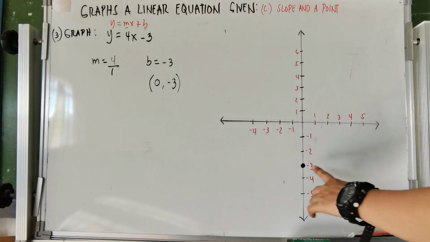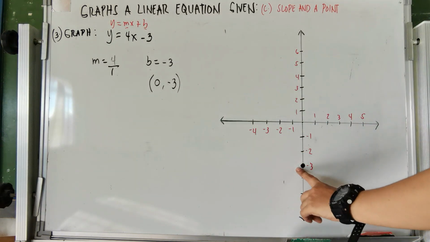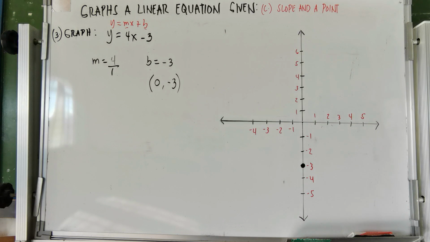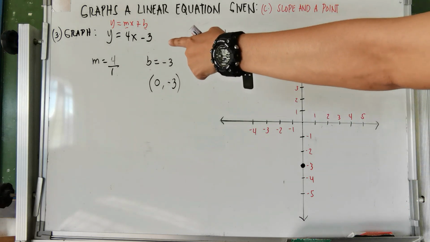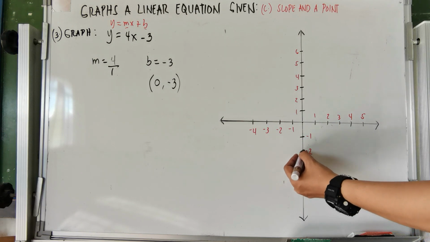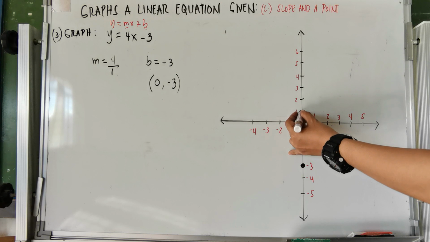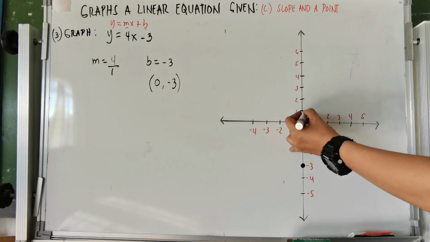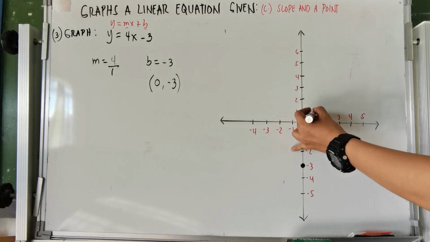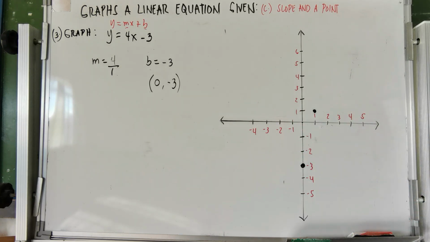Okay? So from negative 3, which is our y-intercept, move lang tayo ng 4 units upward since ang ating rise ay positive. So 1, 2, 3, 4, and then 1 unit to the right, so 1. Ibig sabihin, ito na ngayon yung ating second coordinate or given point.